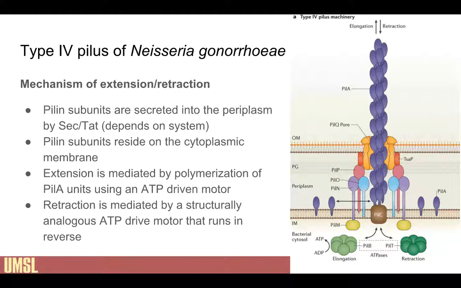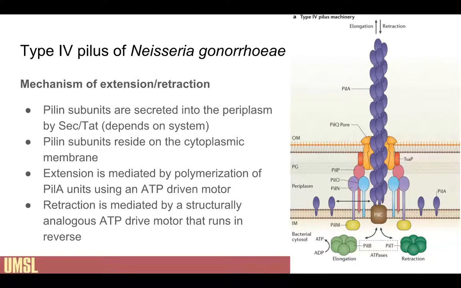These subunits diffuse in, and there's one ATP motor that's responsible for elongation. This ratchets these subunits together and makes this long projection. The really phenomenal thing about this, unlike what we saw for the type 1 fimbriae, where I'm just going to build this long structure and it's going to hang out and hopefully bind some stuff, is that this pilus is built by one ATP rotary motor that connects to this apparatus.